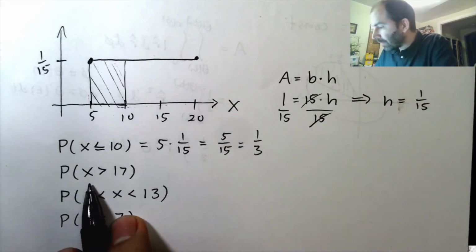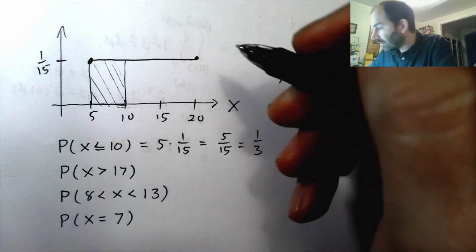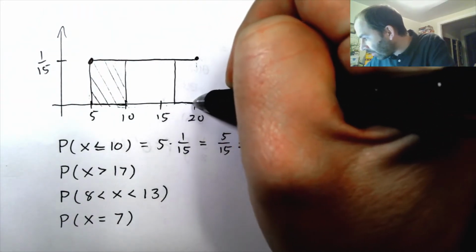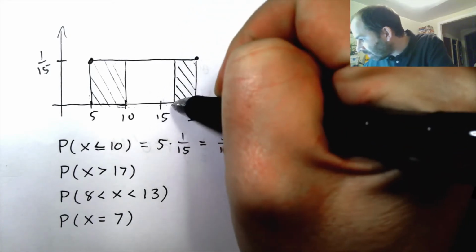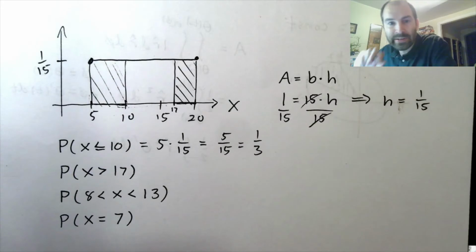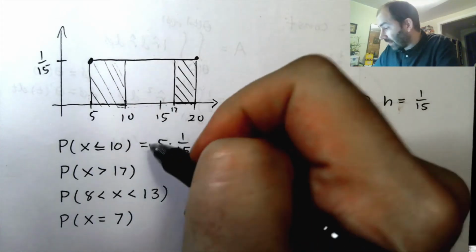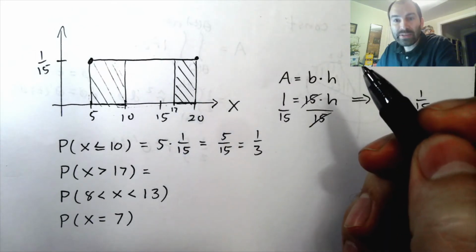What about this one? The probability that x is greater than 17. Well, 17 is somewhere over here, and I'm greater than it, so I'm going to the right. So I'm finding the area of that rectangle, starting at 17. Again, it's base times height. Basic geometry, right?